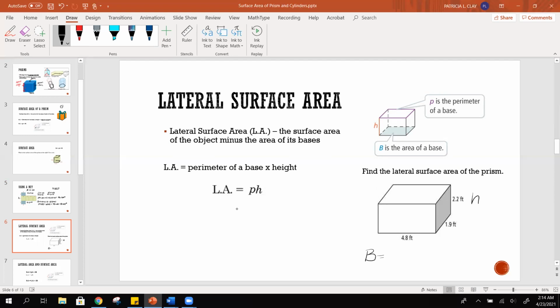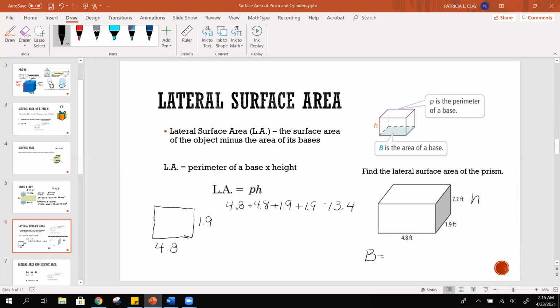So let's look at our figure from the top, because sometimes that helps us. We have 4.8 on this side and 1.9 on that side. So all we're going to do is go 4.8 plus 4.8 plus 1.9 plus 1.9, and that's going to give us 13.4.